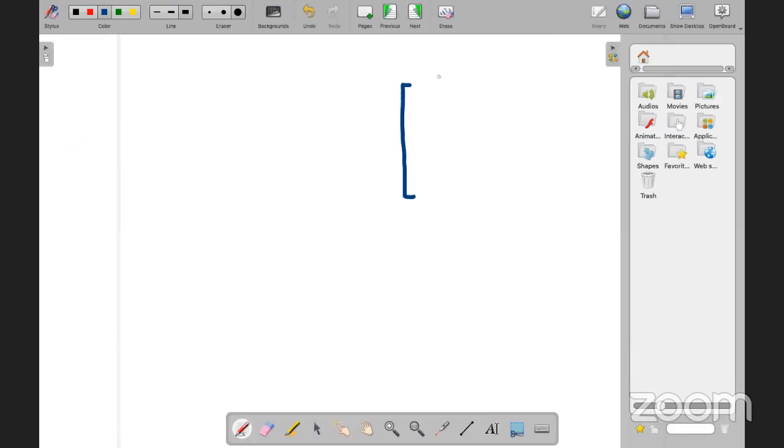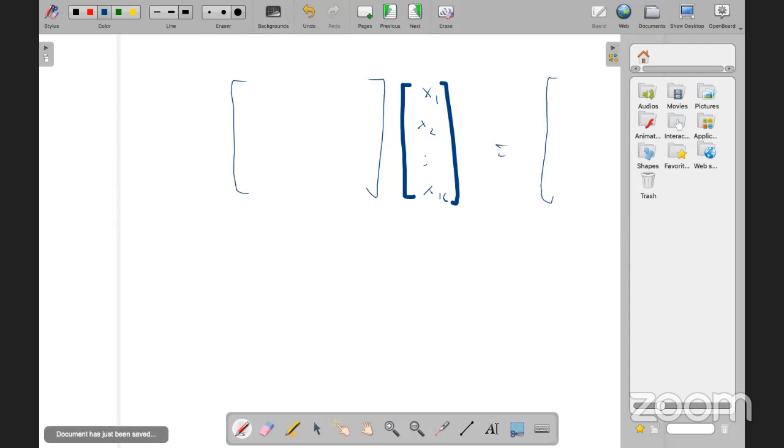So this is x1, x2 till x16, and I have a matrix here. I want the output to be the weighted sum for all the 6 neurons in the hidden layer. Let's call it Z1, Z2 till Z6.